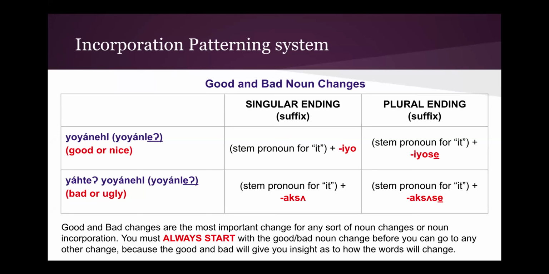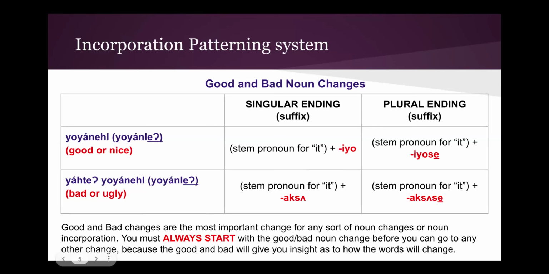And so when we start out, we start from showing you how to make something good or nice, or also bad. In this case, the way we can say bad in Oneida language is not good. This basically says it's not good. Yate yoyane, it's not good. And then up here, yoyane, it is good.